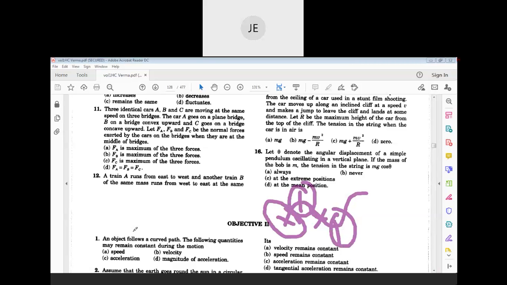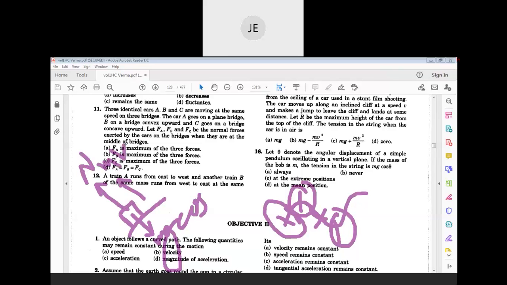So somewhere here, it is not at the highest peak point. Weight component will be mg cos theta, not mg. Normal force upwards, and mv square by r is also upwards.